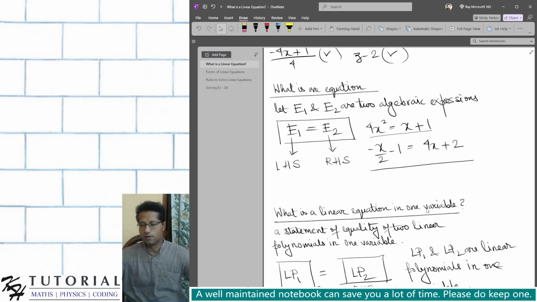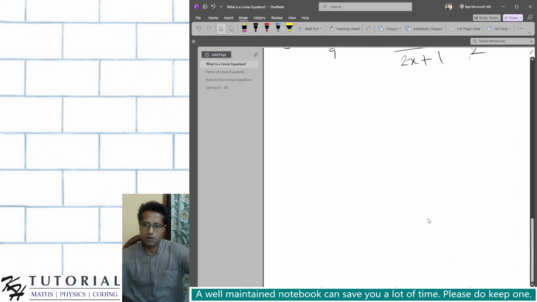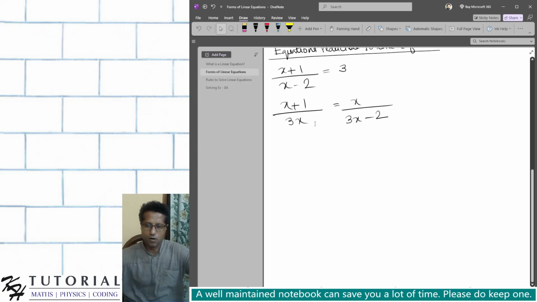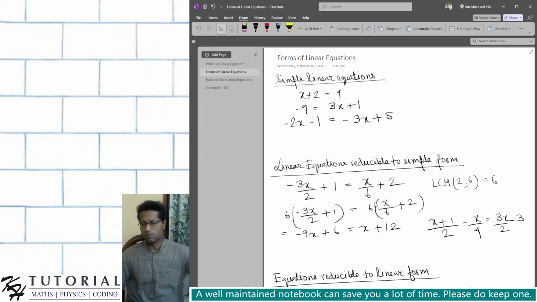We have to solve linear equations in one variable, and then we discussed some forms of equation, that is simple linear equations, where either one side has a variable and the other side has a constant, or both sides have variables as well as constants.